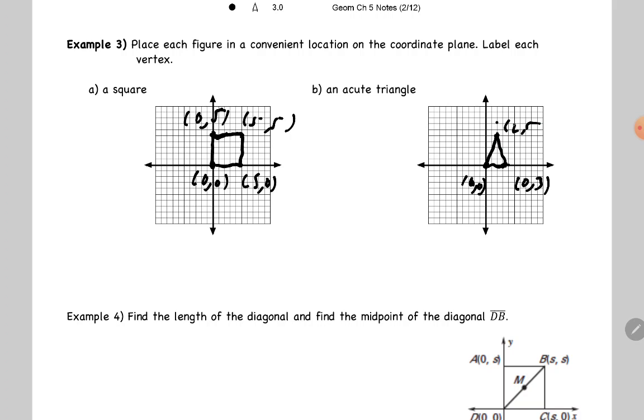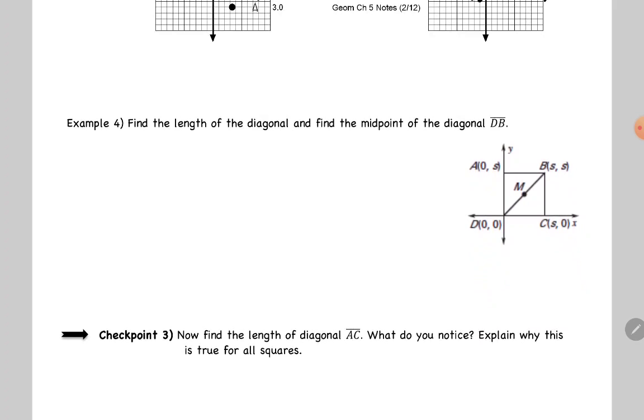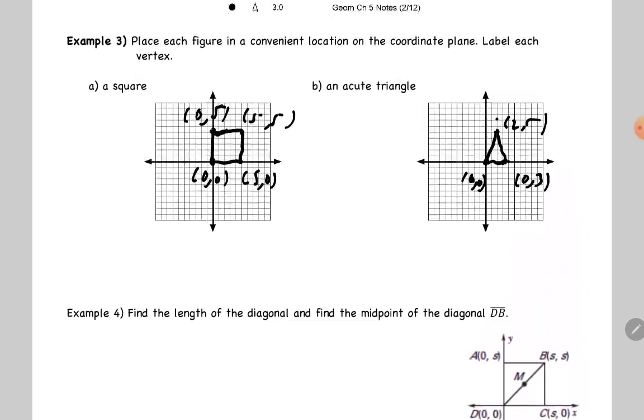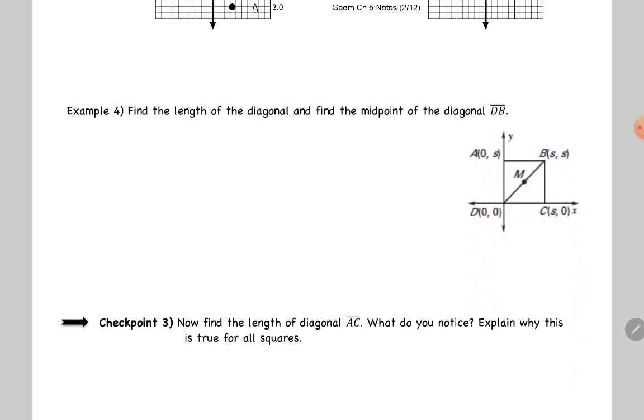So 2, 5. Alright. So the key thing is always put one of your corners at 0, 0. So whenever you have to use the distance formula to find the length of the side, it's easier. It's a lot easier on yourself when using the distance formula.